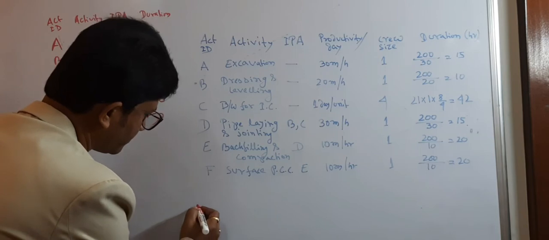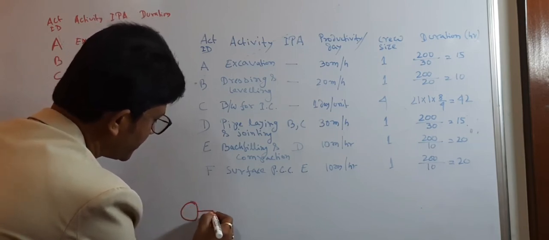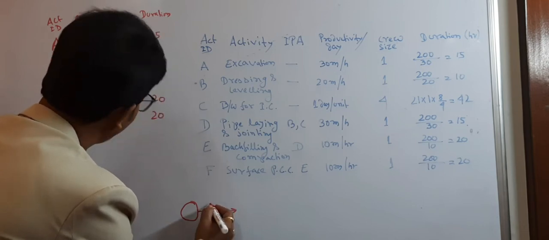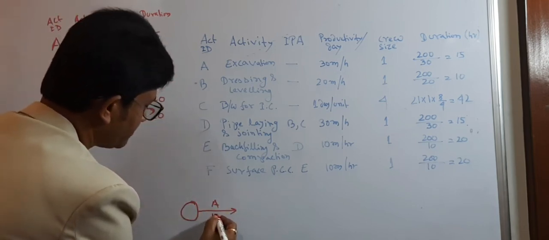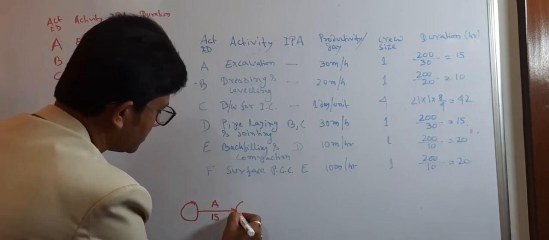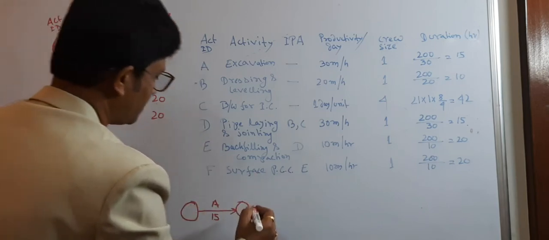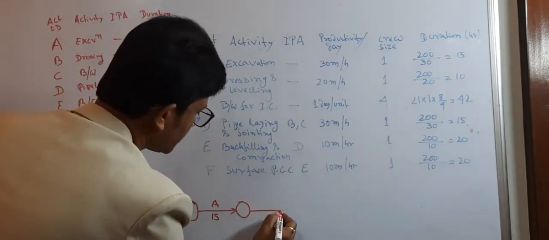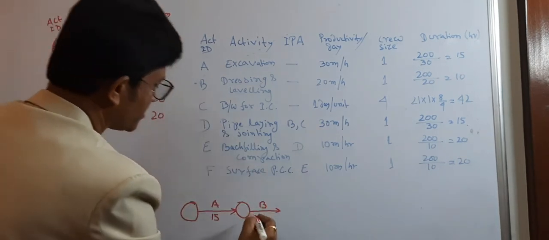First let us draw these nodes, and this is the activity A, and its duration is 15, and then activity B will come, and its duration is 10.